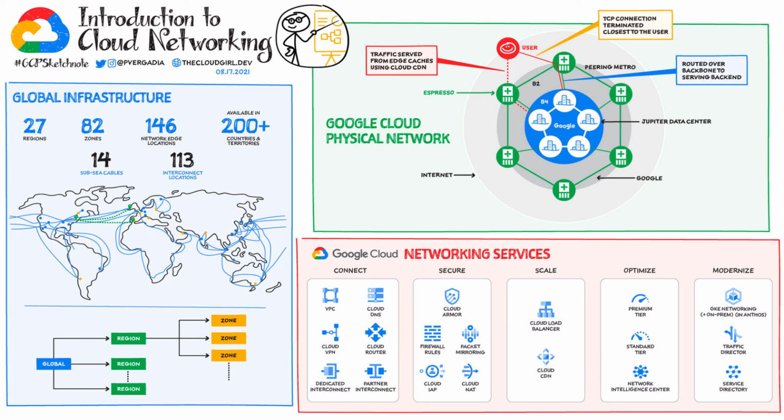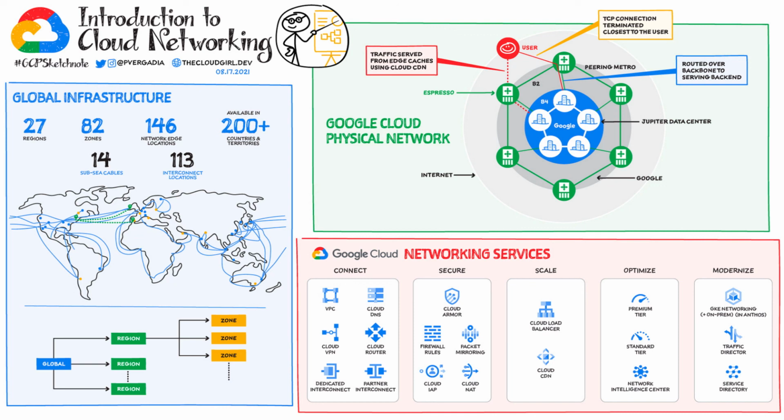So a region has multiple zones, and each zone has multiple data centers. Now, apart from that, there are edge locations or POPs, which when expanded are known as points of presence. So these are points of connection between Google's network and the rest of the internet.